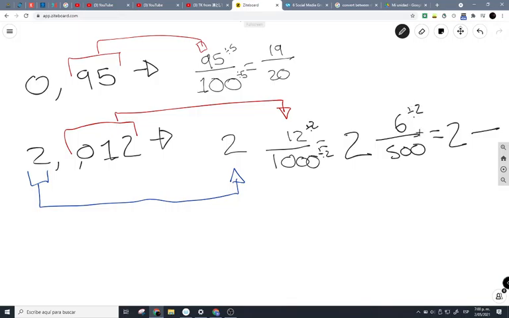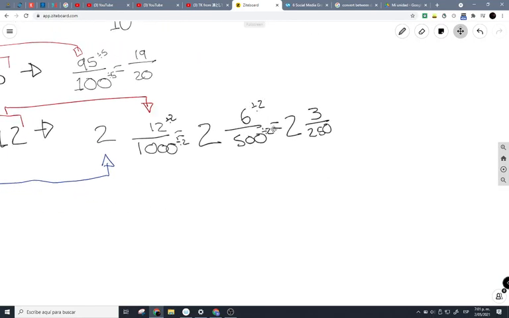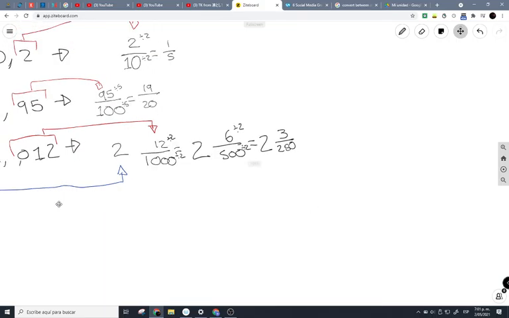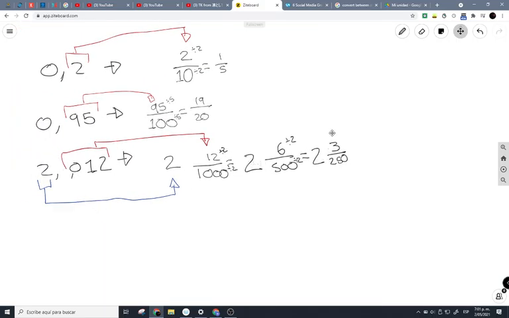We can divide this by 2. 6 divided by 2 is 3, and 500 divided by 2 is 250. And now we cannot simplify anymore, so we have our result. 2,012 is 2 and 3 over 250. If you want to transform that into an improper fraction, you can do it if you want.